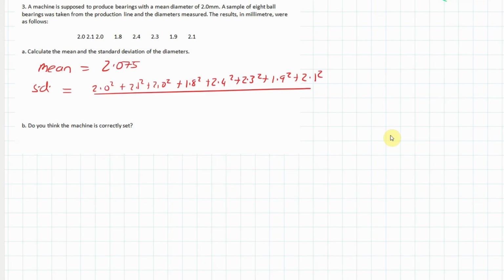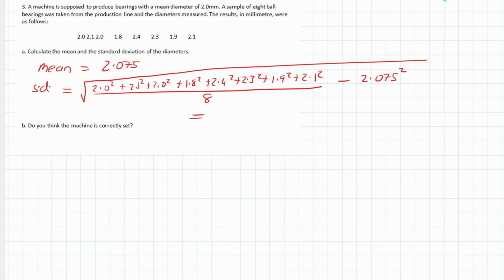We're going to divide that whole thing by 8. Then we're going to subtract the mean, which we found in the previous question, squared. Now what does this give us? Oh, and of course I've got variance here, so I need to square root this. And that gives me, what does that give me? 0.185. There we go, 3 significant figures.